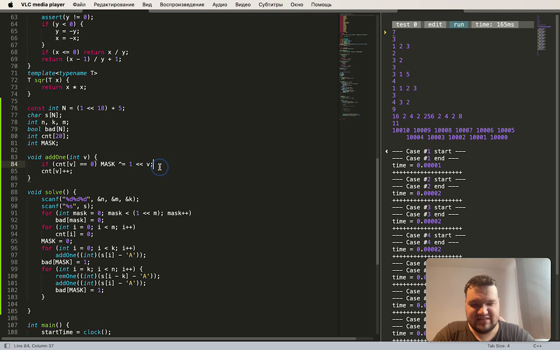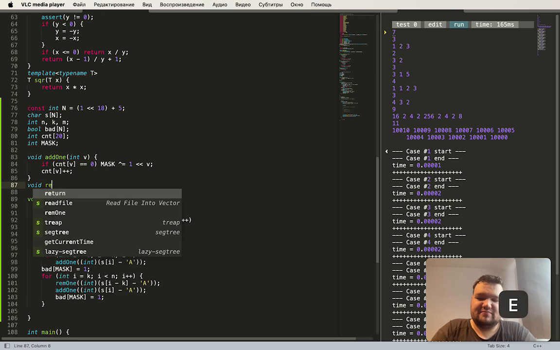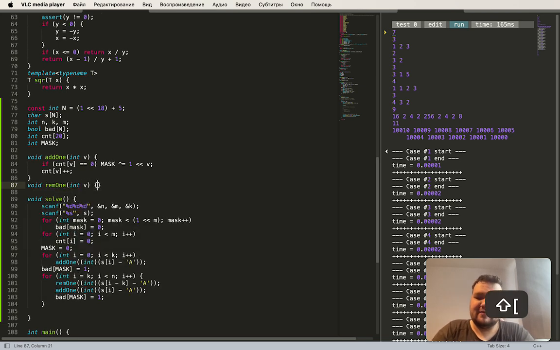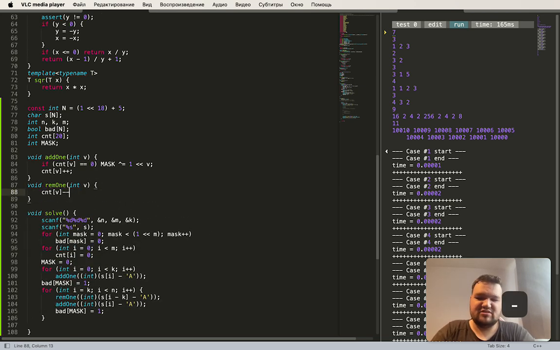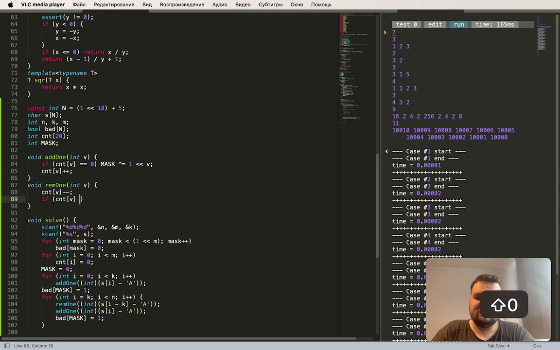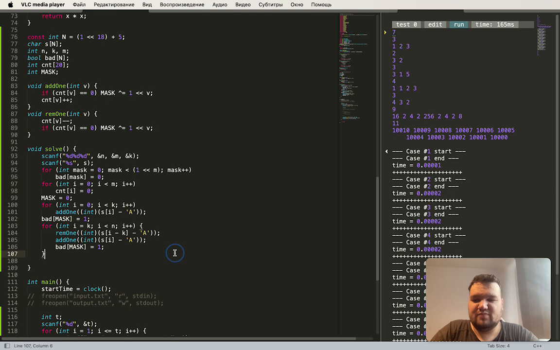It doesn't matter here, but it will be easier to write the same when we want to turn it off than to say AND with the mask without this bit. It's cumbersome. So here we do minus minus, and if it became 0, I need to remove it from the mask. It should have been on before, so if I flip it, it is now off.